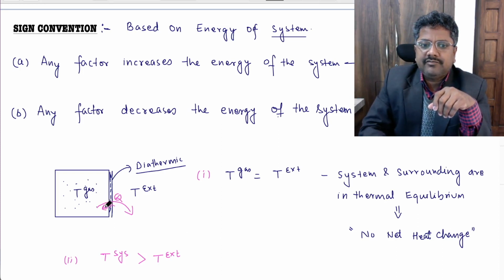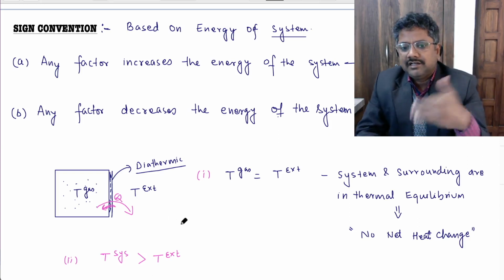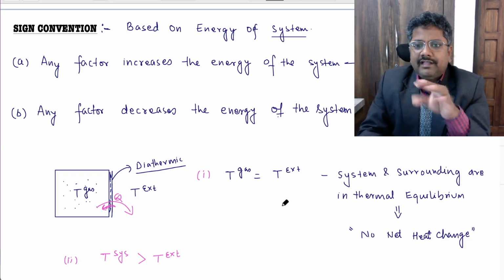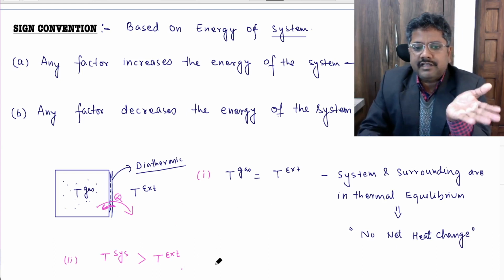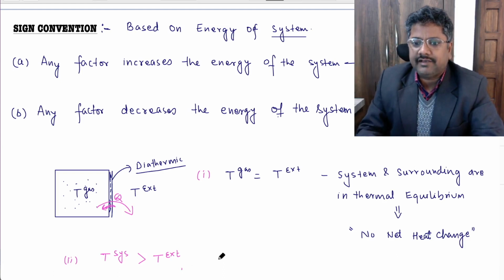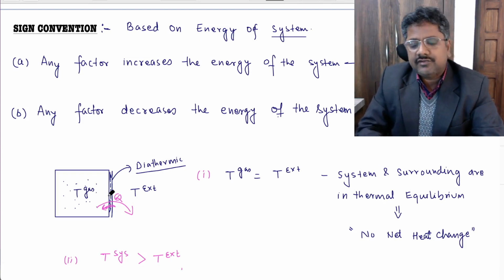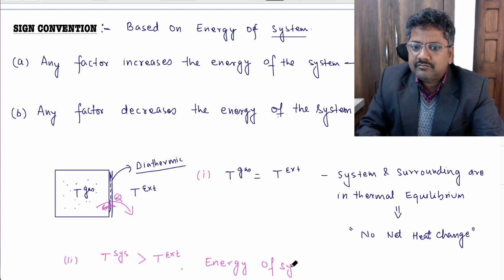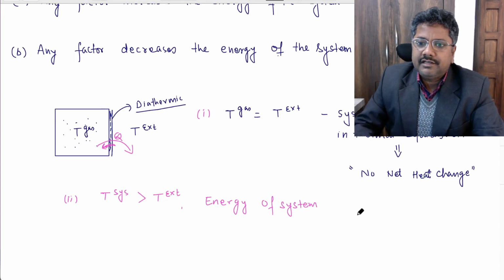Some heat may flow from surrounding to system, but the resultant heat will transfer from system to surrounding to maintain thermal equilibrium, right? Since heat is a kind of energy, heat energy is transferred from system to surrounding, so the energy of the system decreases.